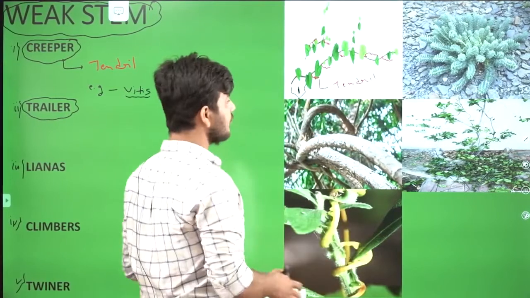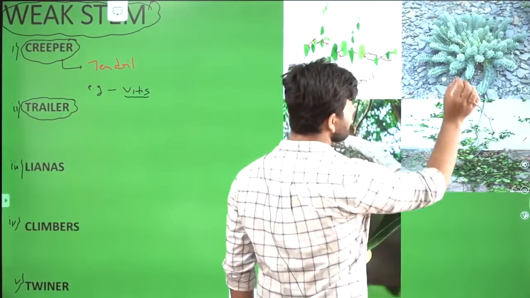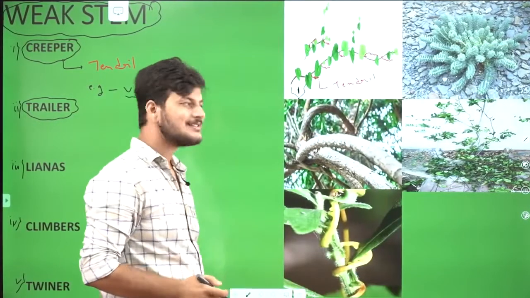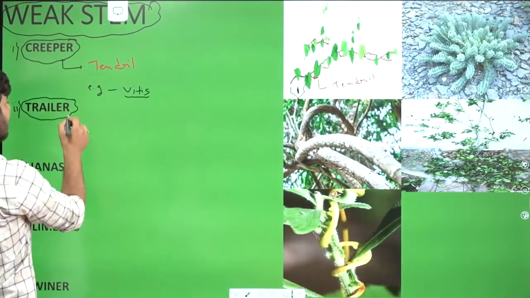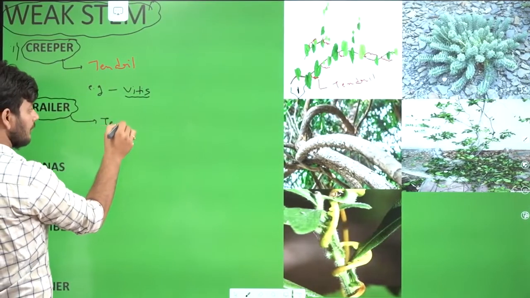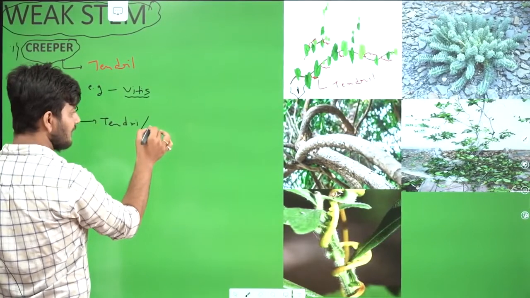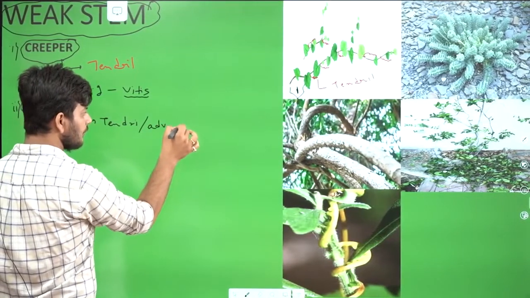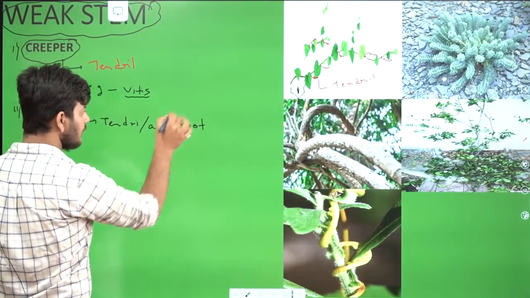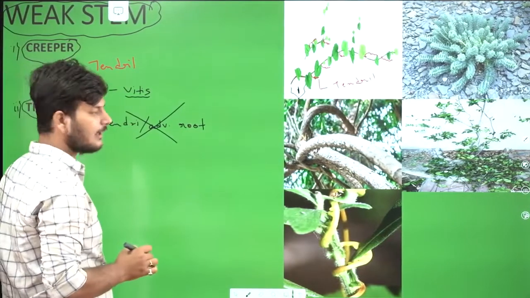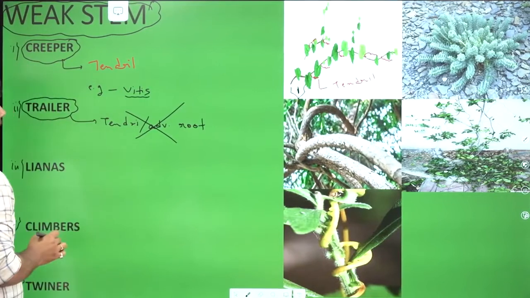If you uplift this plant body, it would be easily uplifted. It means there is no tendril or adventitious root for attachment to the surface, or we can say support.